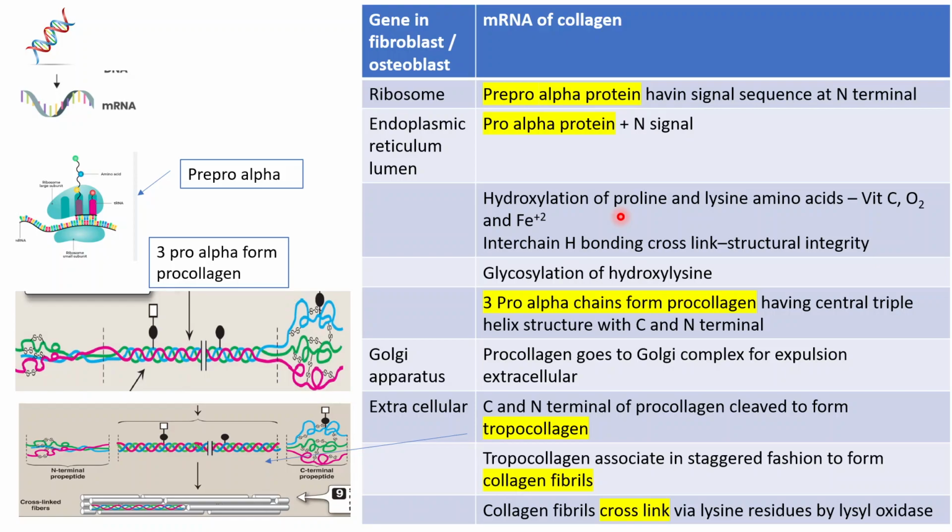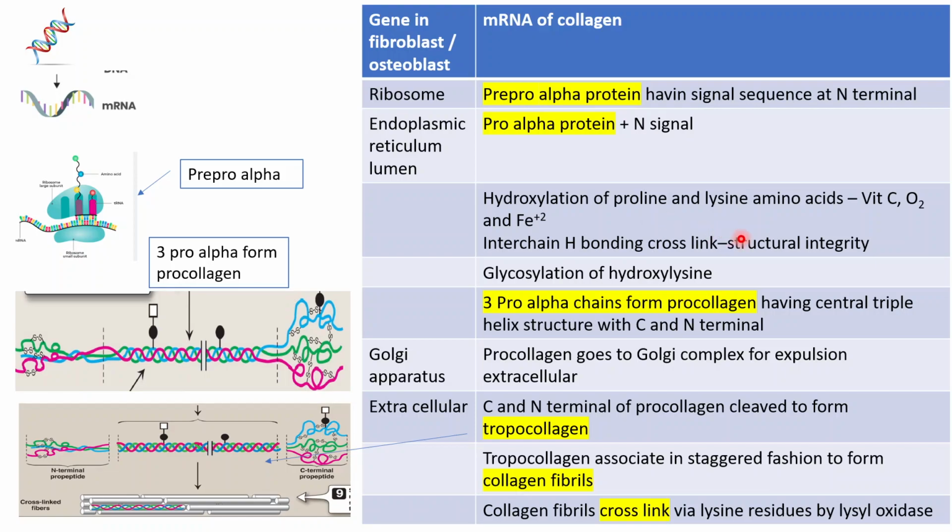Now this hydroxylation occurs with the help of vitamin C, molecular oxygen, and iron. All these three are essential for hydroxylation of proline and lysine. In other words, if there is a deficiency of vitamin C, the structural integrity of collagen will be compromised, because hydroxylation of proline and lysine will be poor.